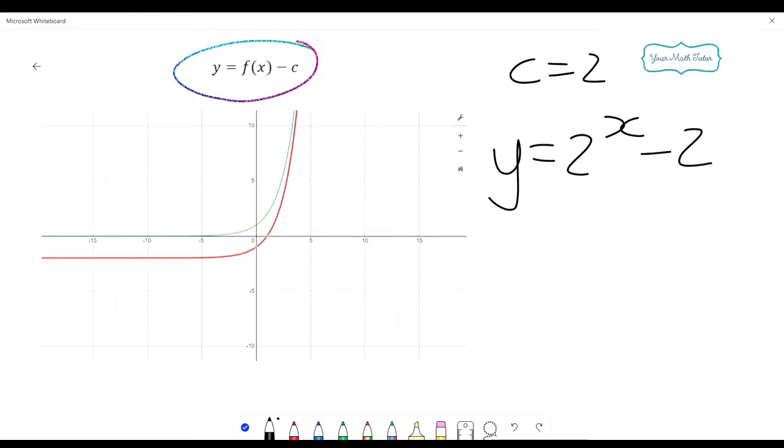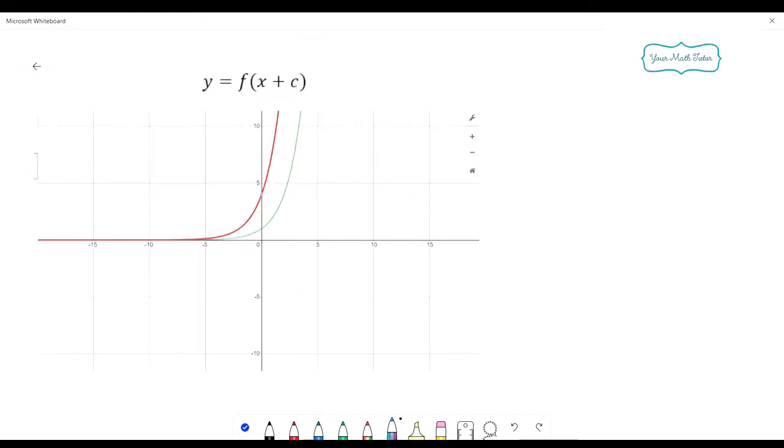We can tell that this graph has shifted 2 units downwards, because at x equals 0, y is now negative 1. At x equals 1, it went from 2 to 0. And at x equals 2, it went from 4 to 2. So the graph has been shifted 2 units downwards.